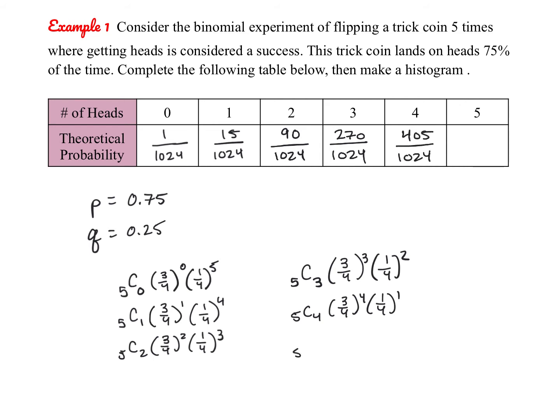And then again, all of them are successes. So 5 choose 5 times 3/4 to the power of 5 and 1/4 to the power of 0. So that would be 243 over 1024. So now you'll notice that unlike in the warm-up, the results here are not symmetrical.